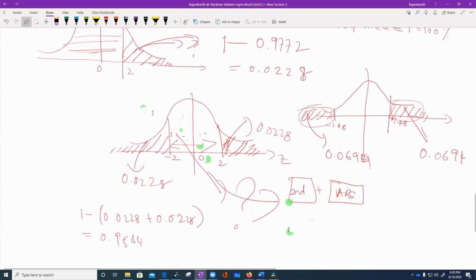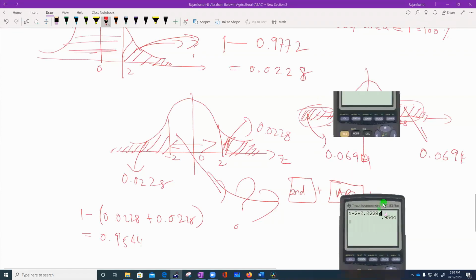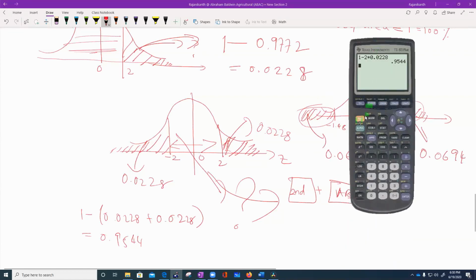By using the calculator. So first go to second, VARS. With VARS, you see there? That means basically you are going to distributions, okay?